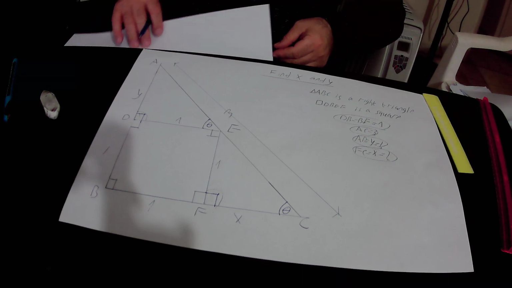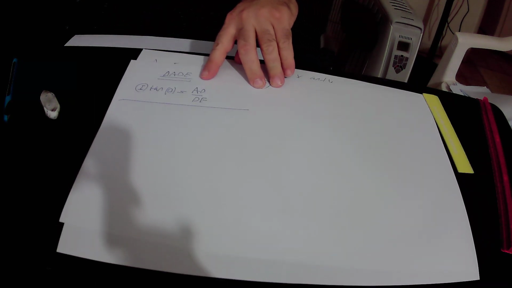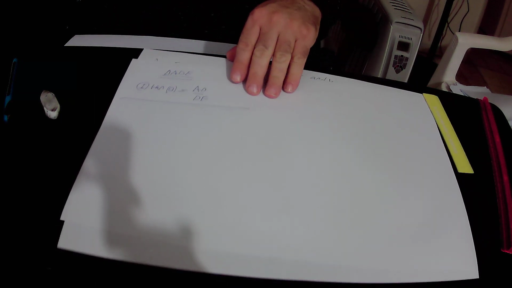I will repeat again. On the right triangle, triangle ADE, we know that tangent theta equals AD over DE.